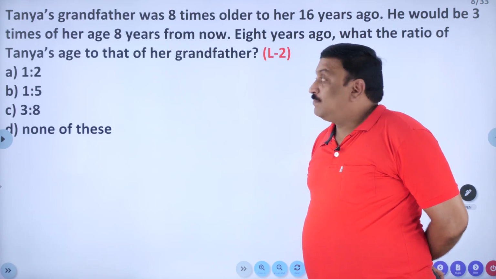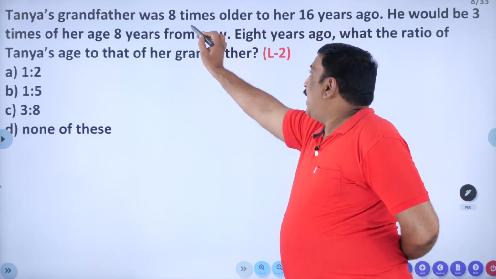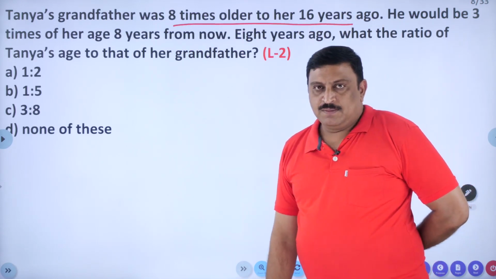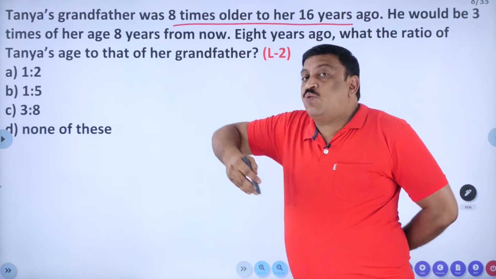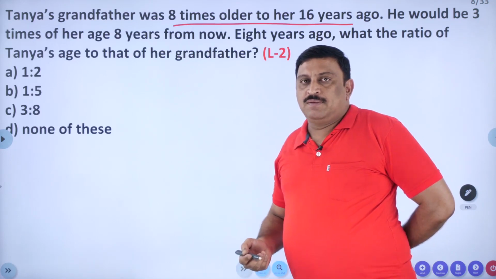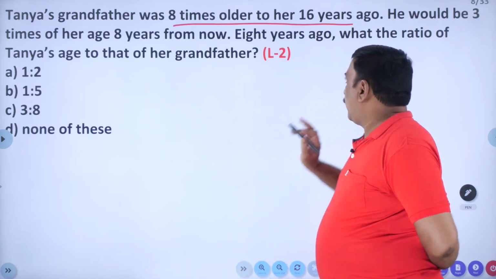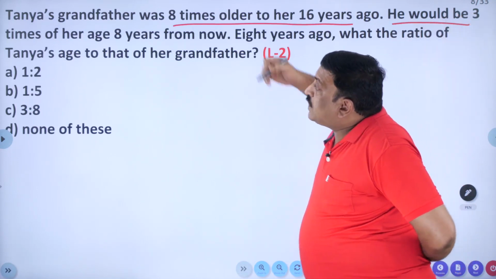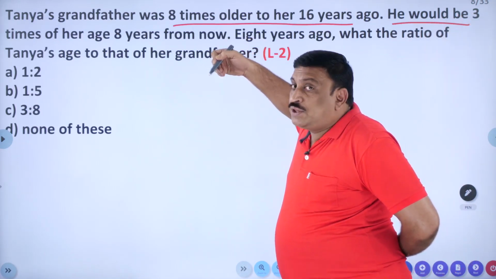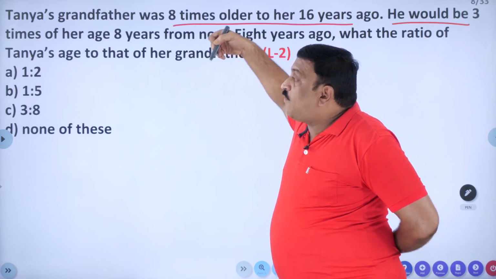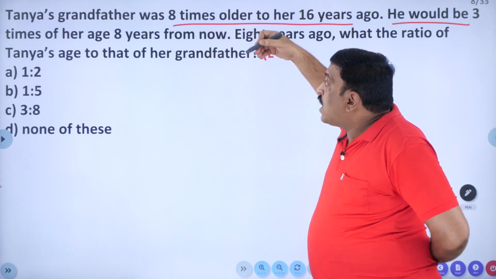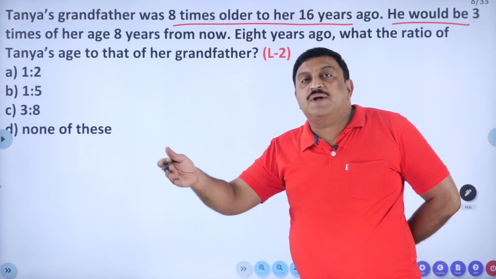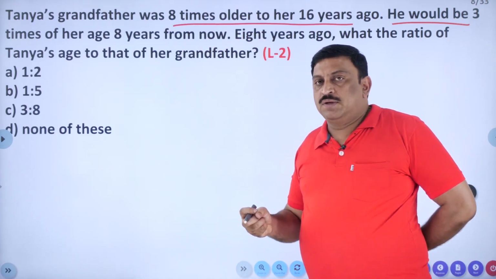Tanya's grandfather was 8 times older to her 16 years ago. He would be 3 times her age 8 years from now. 8 years from now, that means after 8 years.